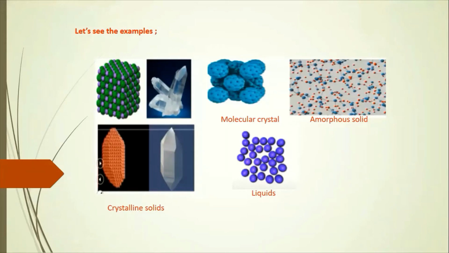Here are the various forms of condensed matter, and you know many of them already. The difference between these classes of materials is the amount of ordering, or the symmetry, that they possess, and we are going to focus on the crystal structures themselves.